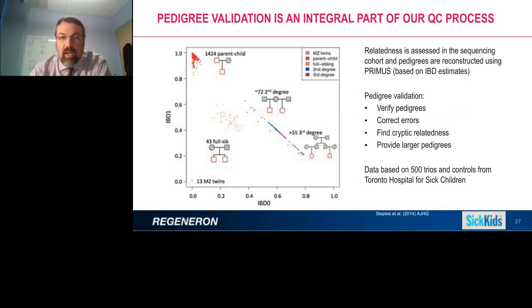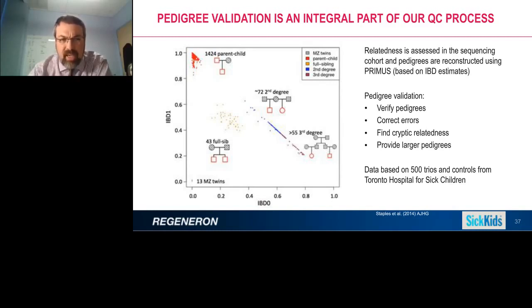So this is a plot from a study we're working on with Toronto Sick Kids, where, like with the Mendelian disease program and the previous study that I showed from Columbia, we've collected samples into families. And so what one expects is a lot of relationship here, because these samples were collected intentionally for relationships. Out of a relatively small number of samples, we have 13 monozygotic twins, you see in the lower left corner.